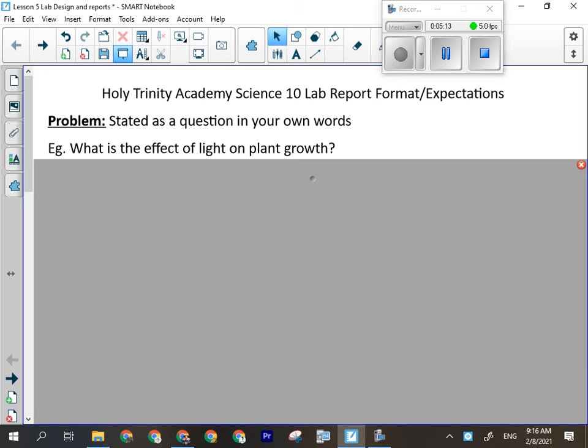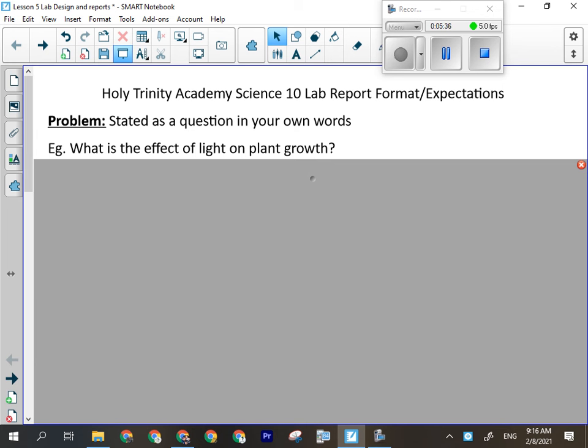Then maybe I'm going to measure its mass instead. Or maybe I'm just going to take qualitative observations and take pictures of it as it grows. Maybe I'm going to measure how much fruit it produces when it's mature, something like that. I would have to explain, this is my responding variable, here's how it's responding, and how I'm going to measure that. Okay, all of that needs to go in the explanation.